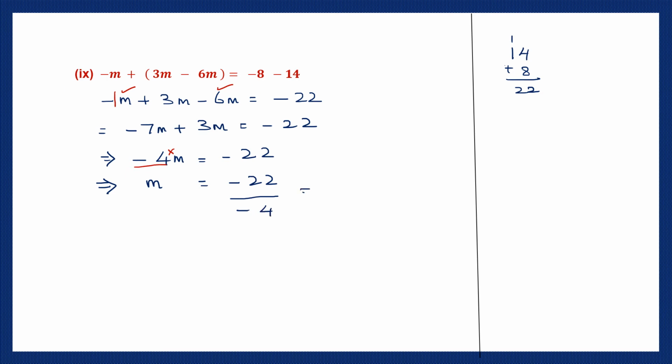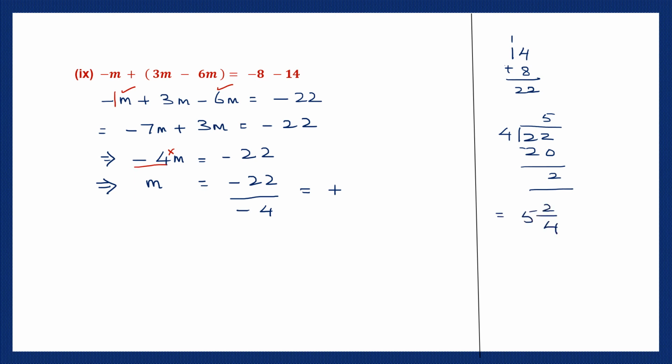Now here minus into minus is plus. We need to divide 22 by 4. So let's divide 22 by 4. 4 fives are 20, minus, I have 2 here. So what do we have here? 5, 2 by 4.